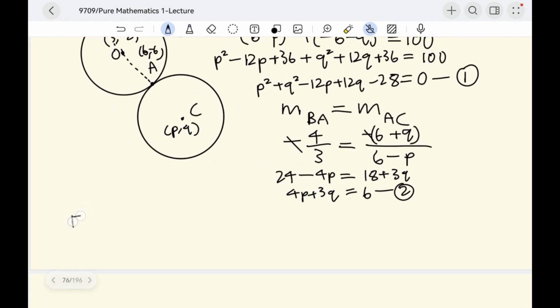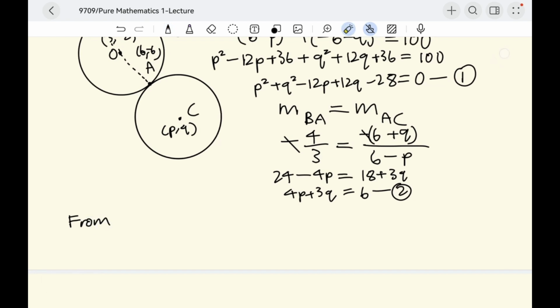Okay? And now you have two simultaneous equations, but one is linear, one is quadratic. But the quadratic must have only one variable, but this equation has two variables. Therefore, I need to get rid of one of the variables in order to find one of the variables.